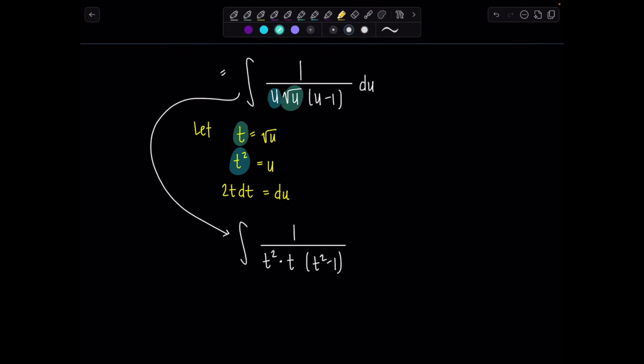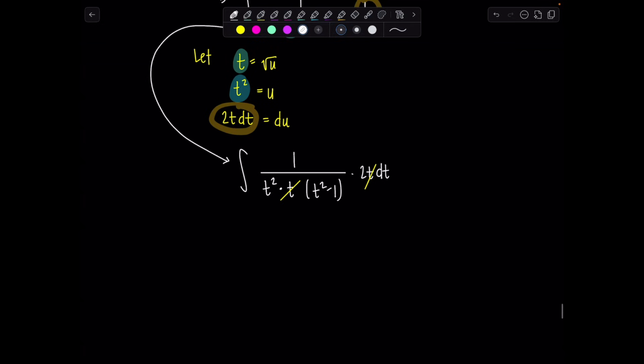And then last thing, du. Du is all of this, 2t dt. Okay, perfect. Do you notice something? Yes, very good. We can cancel out this t here from the numerator and denominator. So now we have 2 over t squared times t squared minus 1 dt.